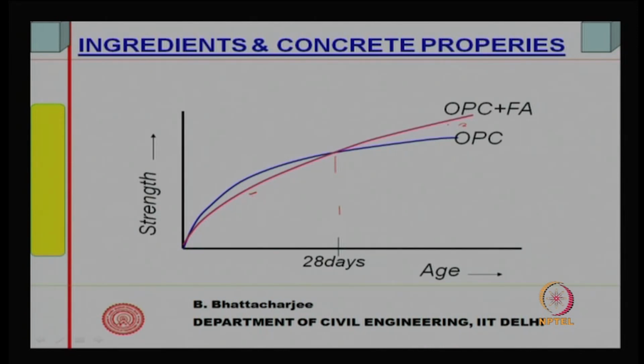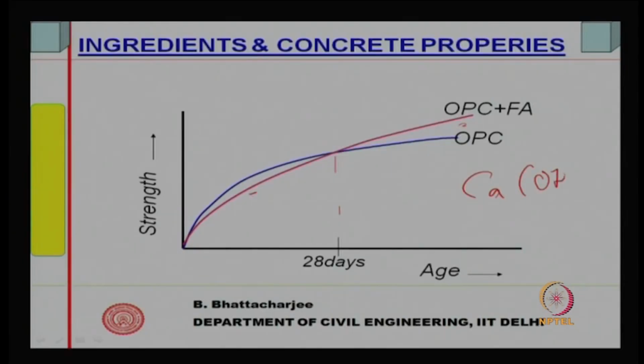Now, the reaction of fly ash is generally slow. Fly ash reaction is slow. It is a pozzolanic reaction, not all show this way, but let us look at fly ash right now. The reaction of fly ash is slow. Besides, unless I have sufficient liberation of calcium hydroxide, it is with the calcium hydroxide that the fly ash reacts.